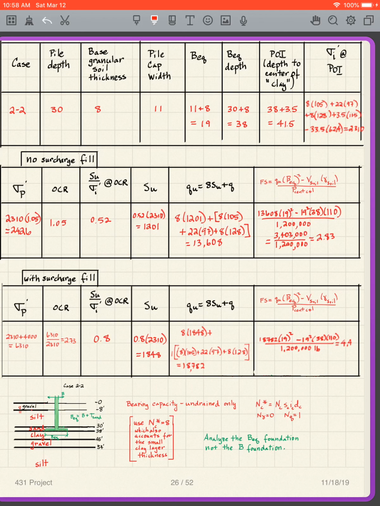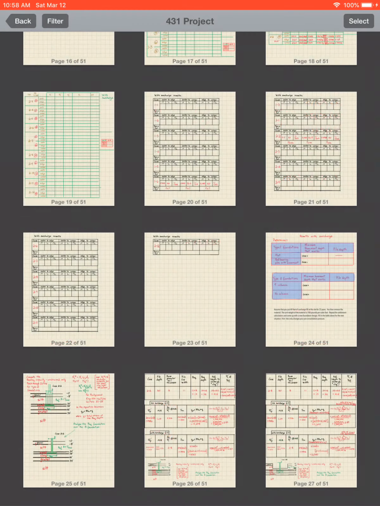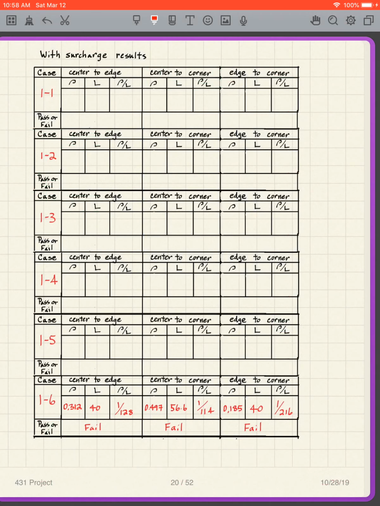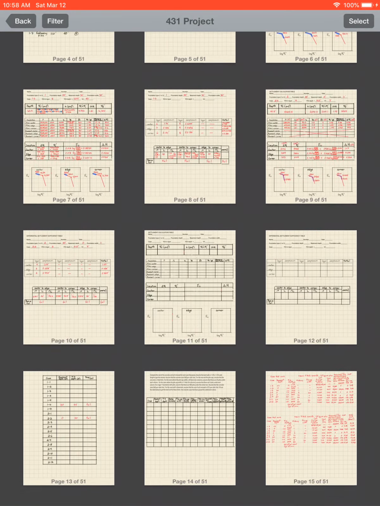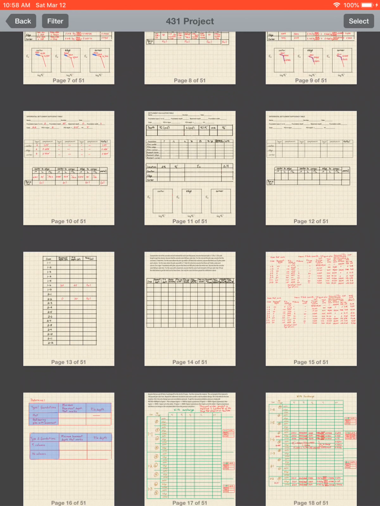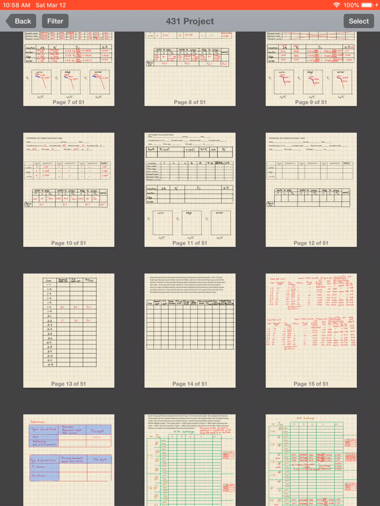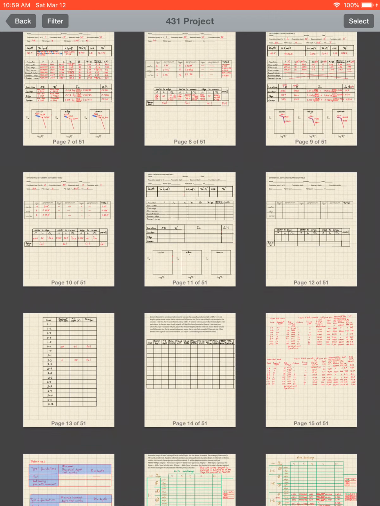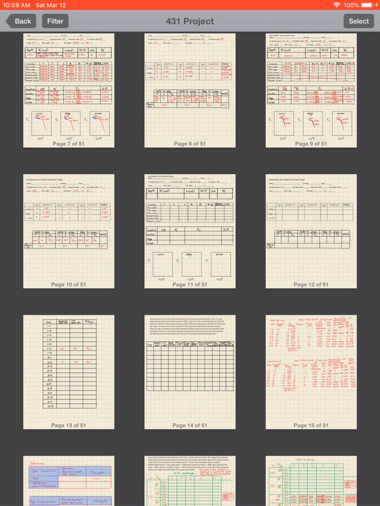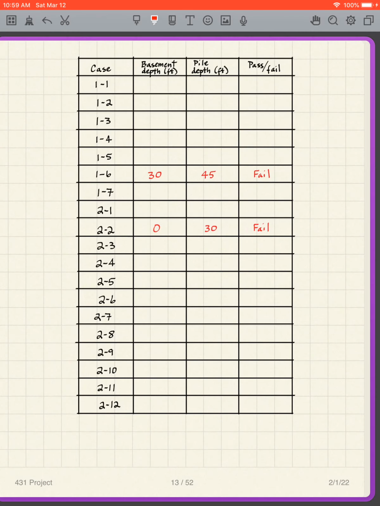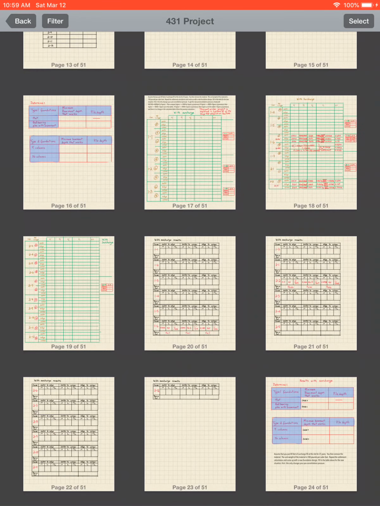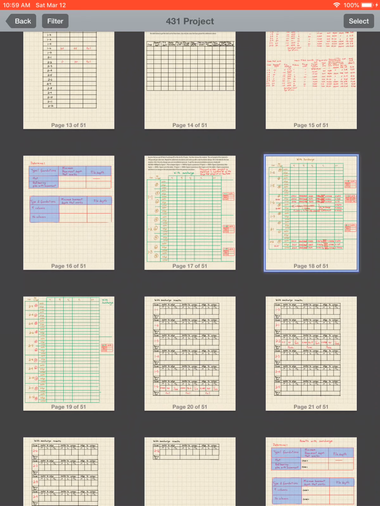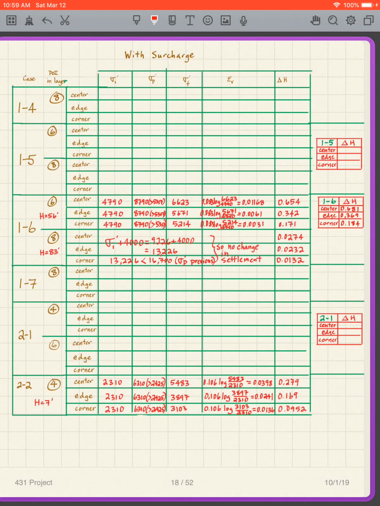Well, we can look, where is it on here? There it is.